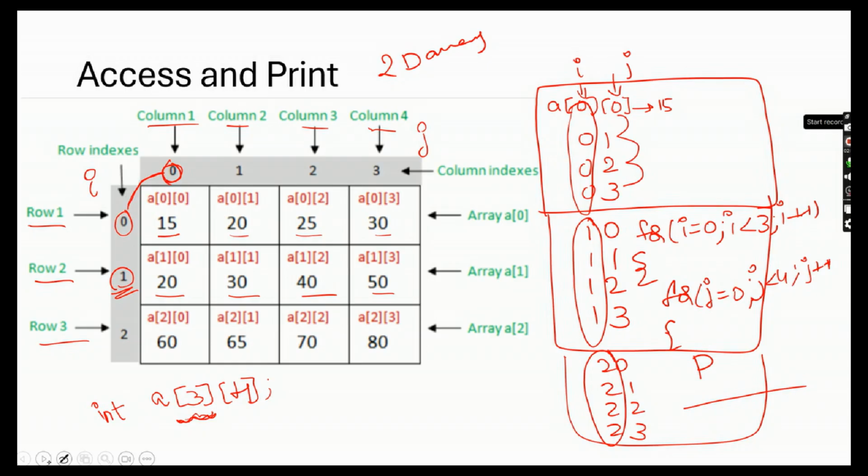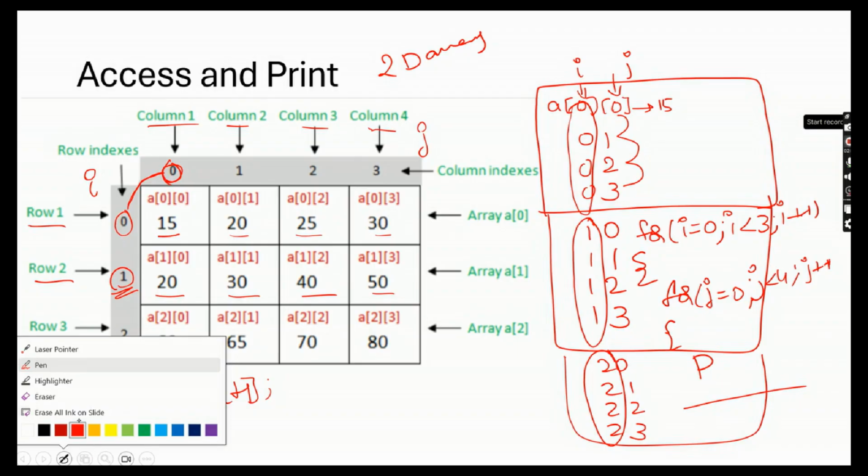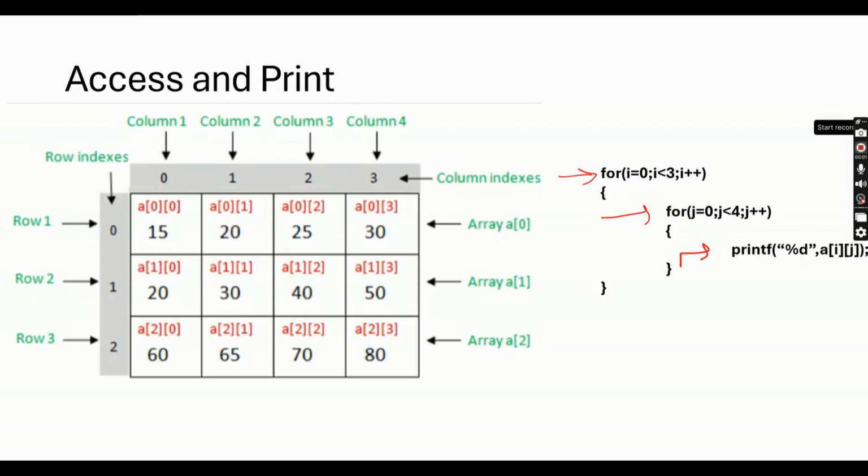Now let us see it clearly. This is a program where the first for loop represents the rows and the second for loop represents the columns. Inside the first for loop we write the second for loop, and then we print each element.